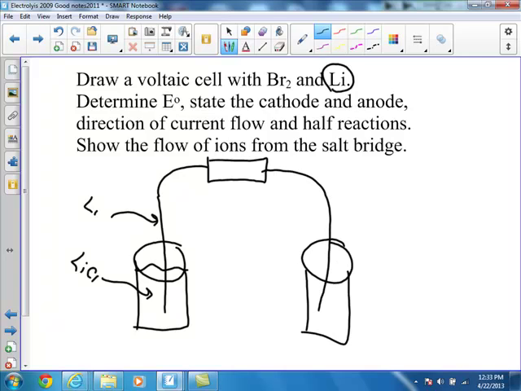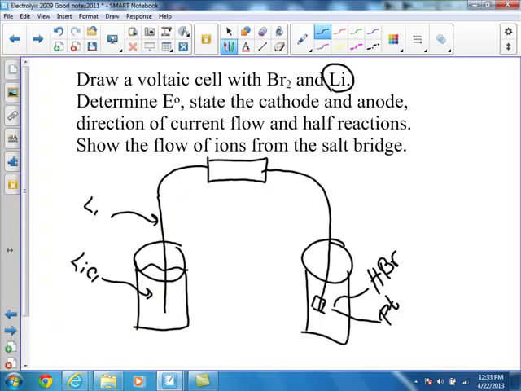Okay? So we need a Br solution, but Br is kind of a gas. But we need a solution that has Br in it, so we'll use HBr. But because that's a gas, what's the electrode that we would use? Pt. You'd use a platinum electrode, which is a catalyst.